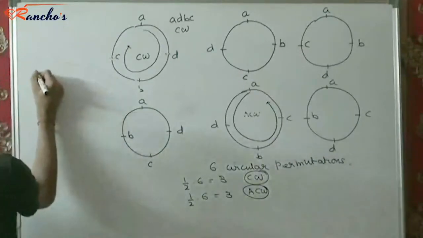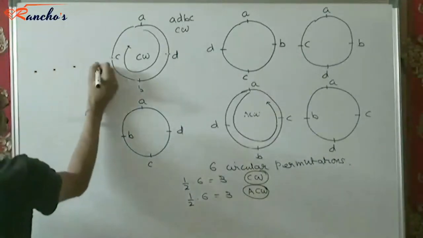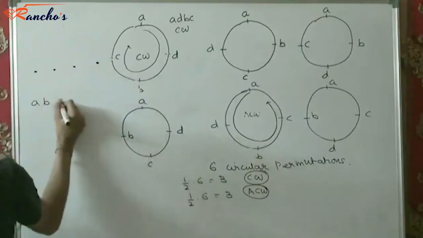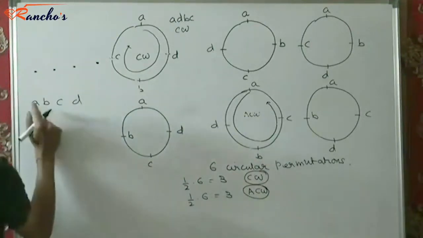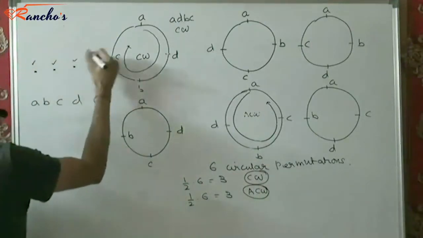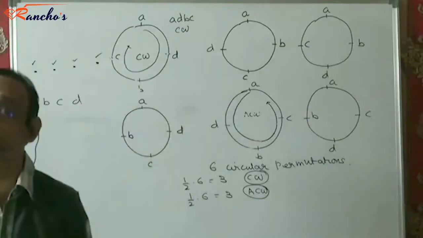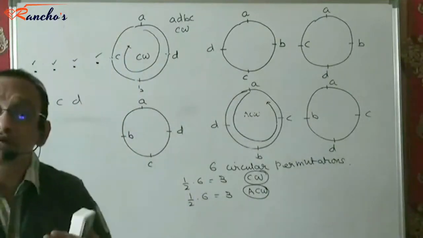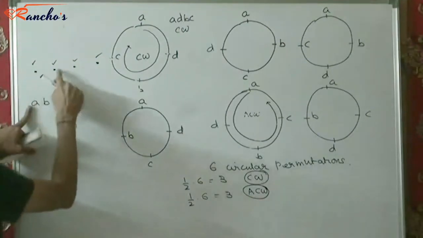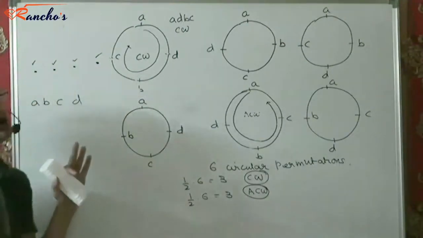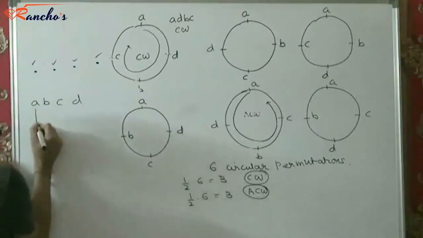When ABCD were 4 things to be arranged in 4 spots linearly, these 4 spots in a linear arrangement were different. They were distinguishable. That means A could have been placed in any one of these 4 places because they are different. So A could have been positioned in 4 ways.